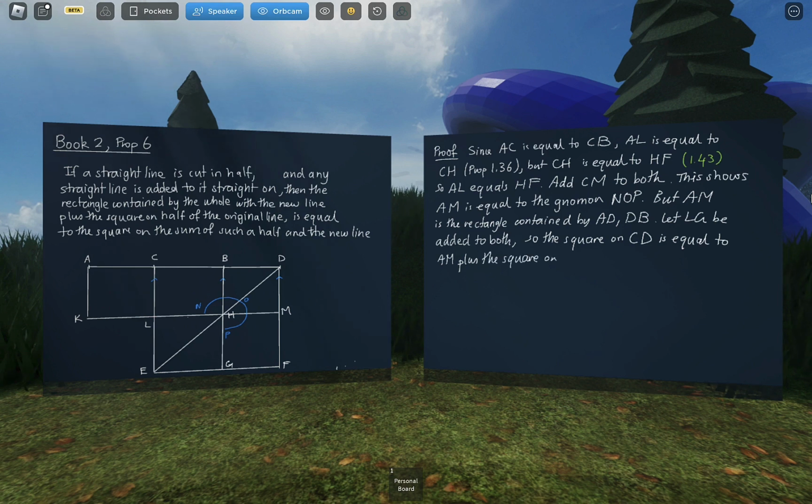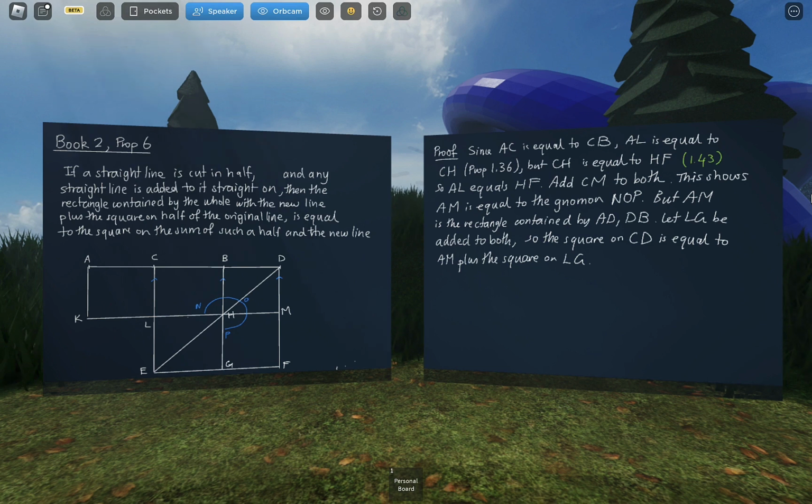How do you have a rectangle contained by AD and DB? Yeah, right. That's kind of a terminology. There is no rectangle that is literally contained by those two, but what Euclid means by that phrase contained, which is a technical term, is take those two lines and construct a rectangle which has lines equal to those as its sides.